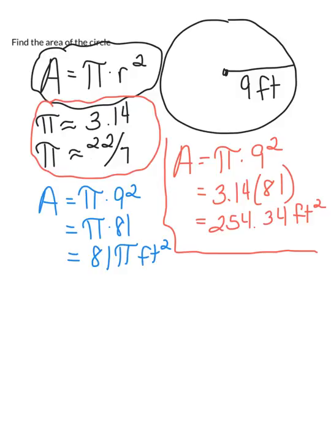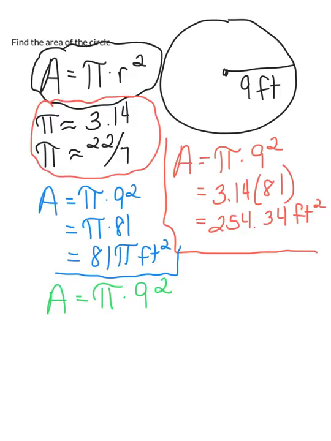We can also do it another way. And again, this is all going to depend on what the directions tell me to do. But another way to do it is using the pi button on your calculator. So again, area equals pi times 9 squared.